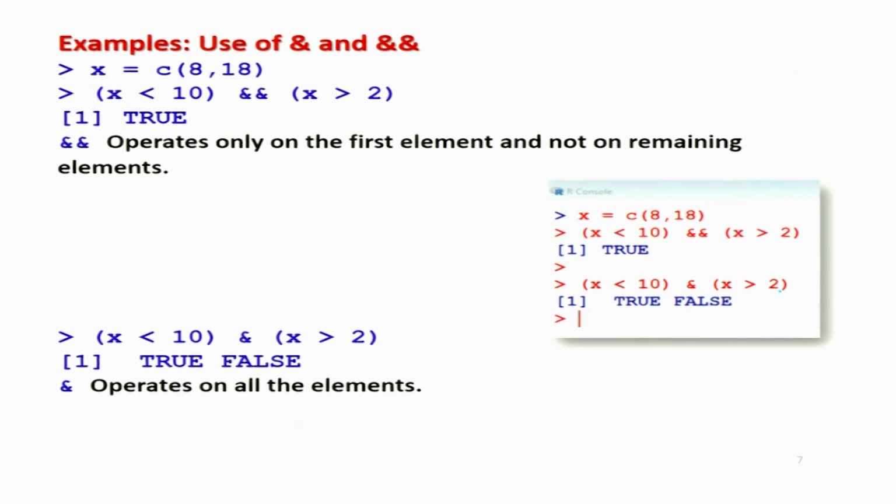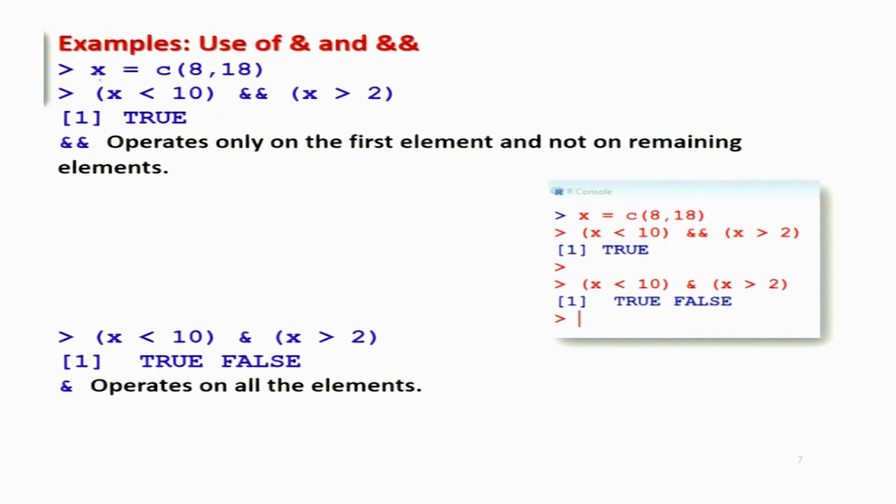Now, I try to do the same operation which I did with the OR operator, with the single and double symbols in the case of AND, and see what happens. The result is going to be the same. Since you have understood the first operation, it will not be difficult for you to understand the second operation.